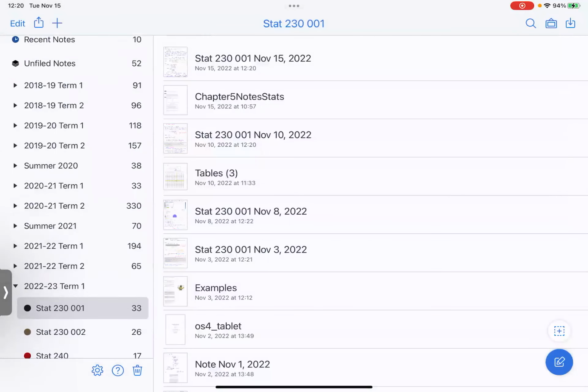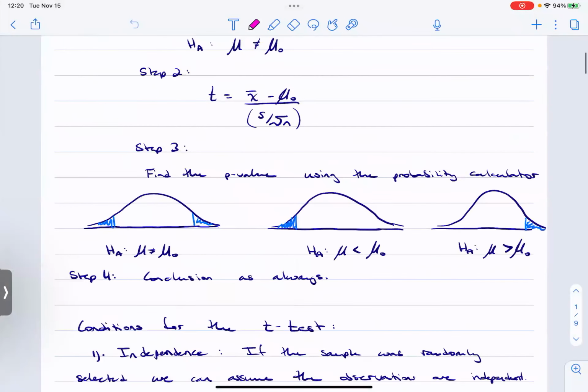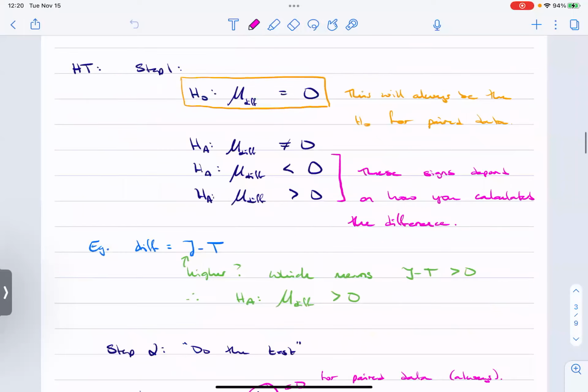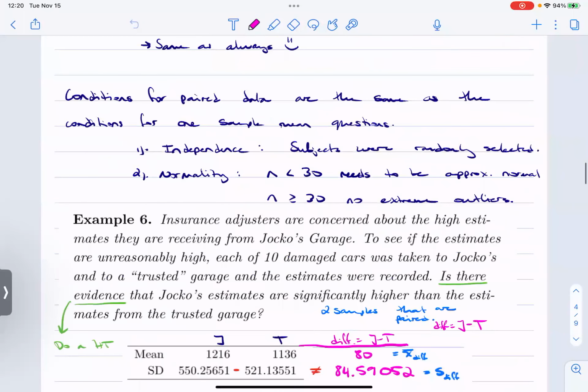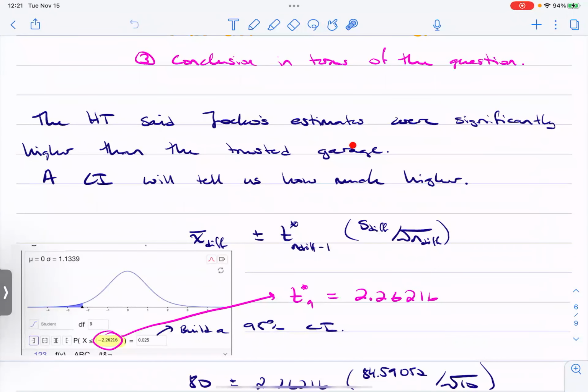Now, I know I'm out of time, so that you have it. But the hypothesis test told us that Jocko's estimates were significantly higher, but it didn't tell us how much higher, right? And so that's where we would need to do a confidence interval.